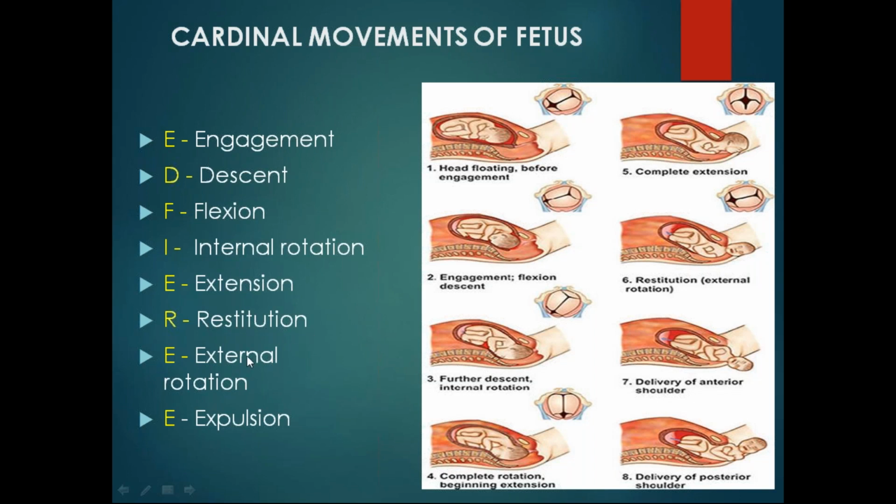Then the shoulders come into the anteroposterior direction by internal rotation, which is seen outside as external rotation of the head. And once the shoulders come out by lateral flexion, that is the posterior shoulder comes out first, then the anterior shoulder. So that is the end of the delivery because once the shoulders come out, the rest of the body, that is the abdomen and the limbs will just come out. That is the stage of expulsion.